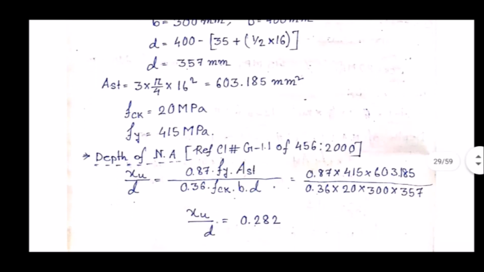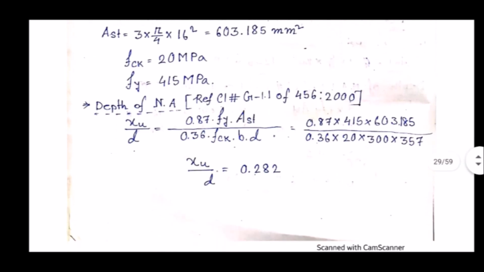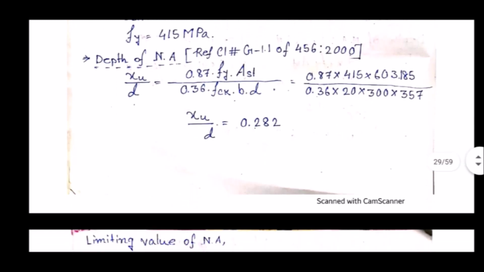So xu by d is equal to 0.282 from this equation. So now we have the value for xu by d.